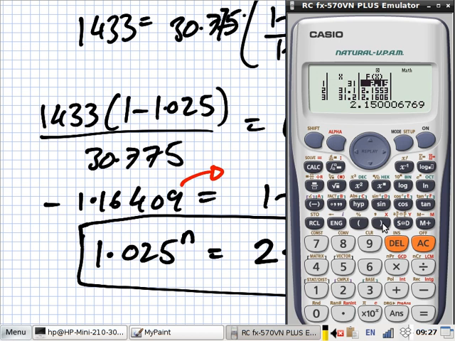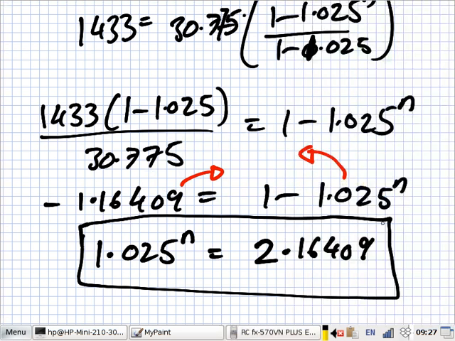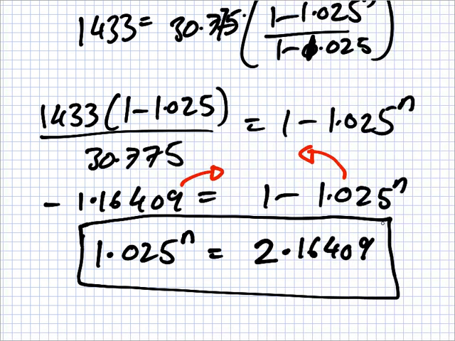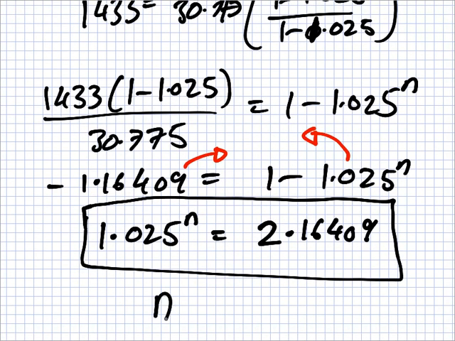So I can see 2.16 is a little bit more than 31.2, but a little bit less than 31.3. It's about 31 and a quarter years. So I would tell someone it would last 31 years. So n is 31 years of oil.